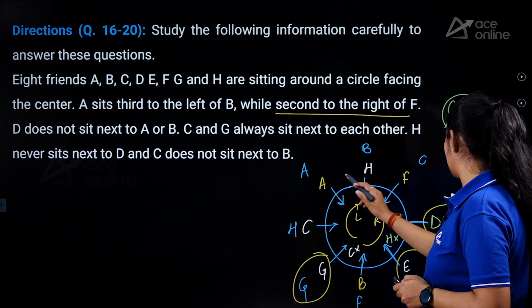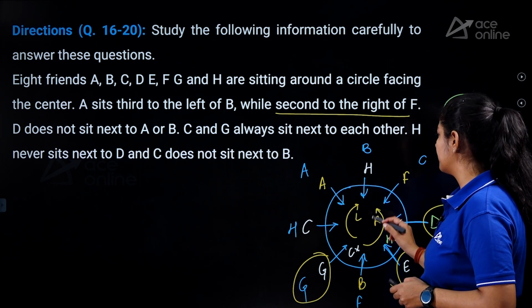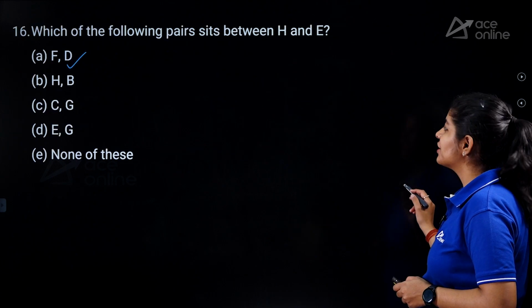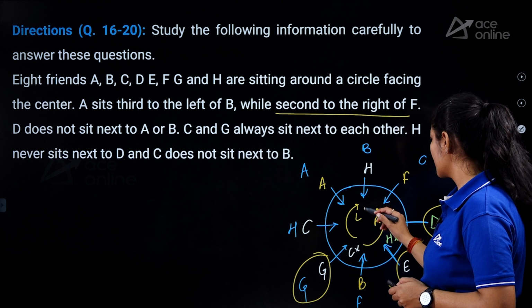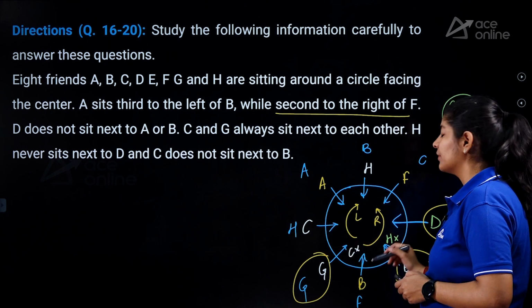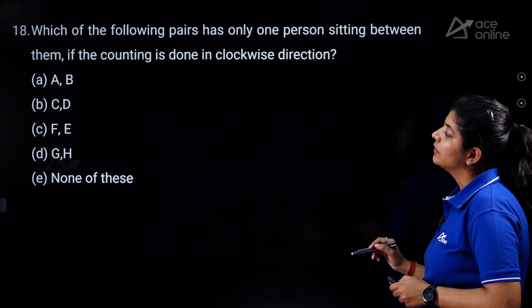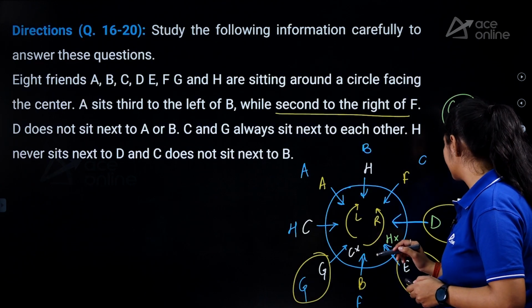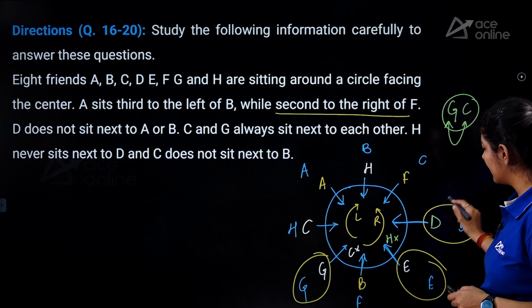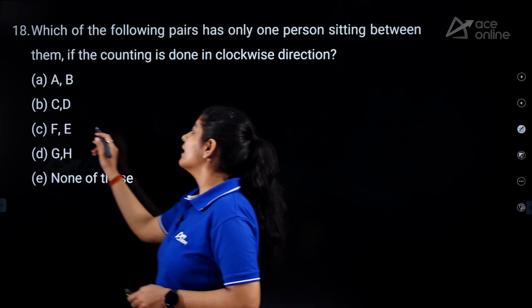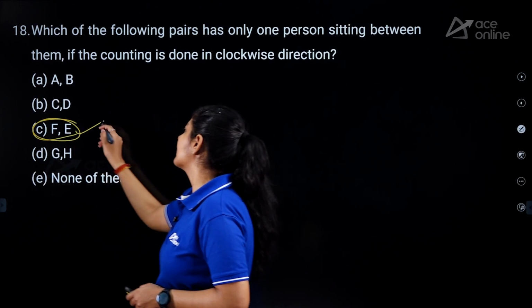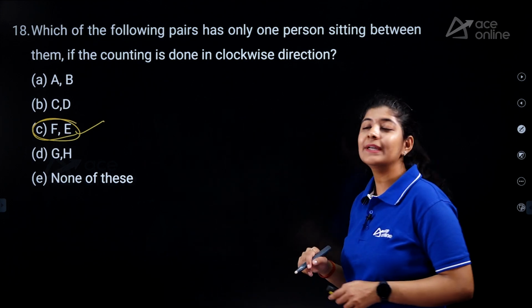Here there are so many people. So basically H, D. Do we have that? No. C, D. No, there are 3 people. E, F. Yes, basically there's just one person, that is D. So the correct option over here is F, E or E, F. The correct option is option number C.